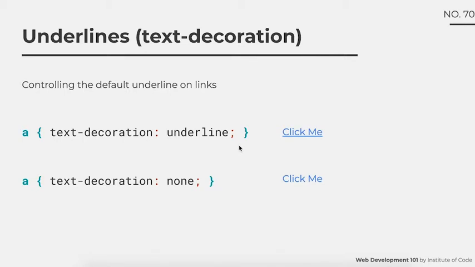The browser says, I want people to be able to find the links, so let's by default have CSS that says all of our links have text decoration underline. If you want to get rid of that because you want to style your links differently, which is pretty common, you would say text decoration none, and that would remove the underline from your links.